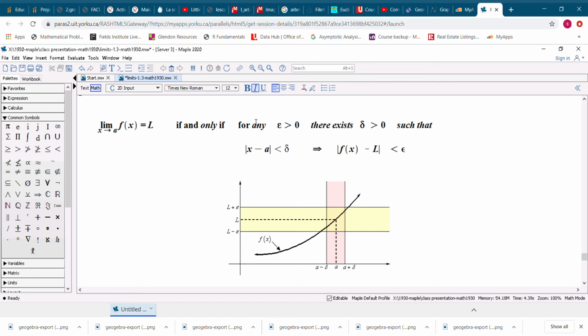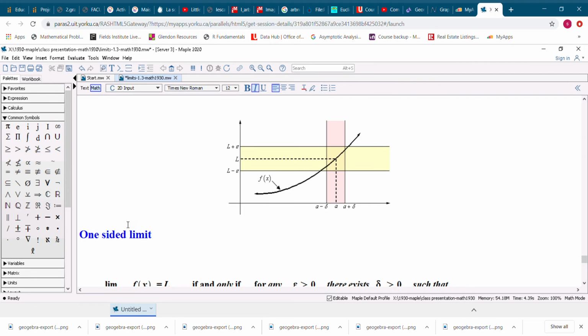This is what this statement says with symbols: if the distance of x to A is less than delta, all the x's inside the interval have f(x) remaining in the interval (L minus epsilon, L plus epsilon). This is the equivalent of this statement.